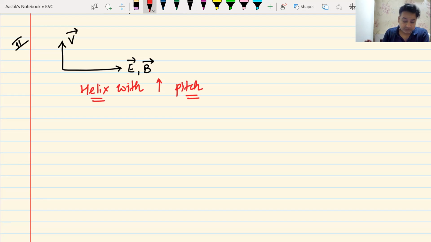Okay. Now the third case will come, which is a very peculiar case. In the third case, what can happen in one of the particular scenarios is that V, E and B are all perpendicular to each other. In most of the cases you might get this particular case.